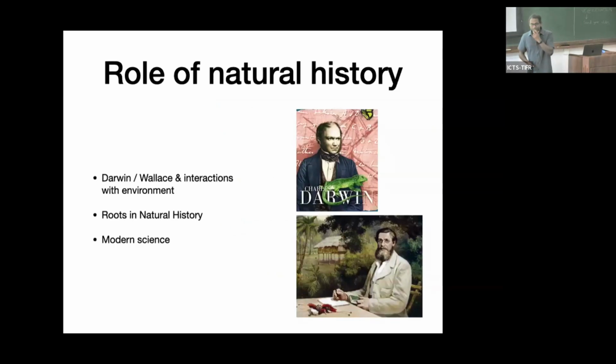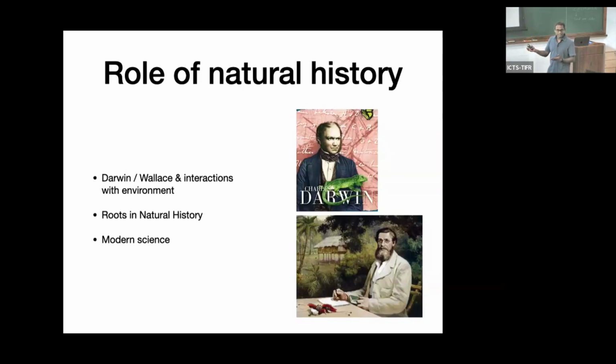I want to stress the role of natural history, especially in biogeography, because we often like to think that science is done in a very experimental framework, but biogeography itself started probably with early natural history descriptions, including from Darwin and Wallace. What they were doing was looking at these interactions with environment.